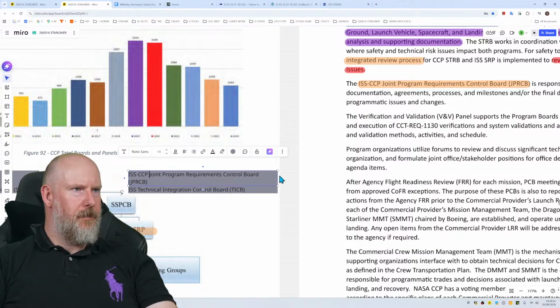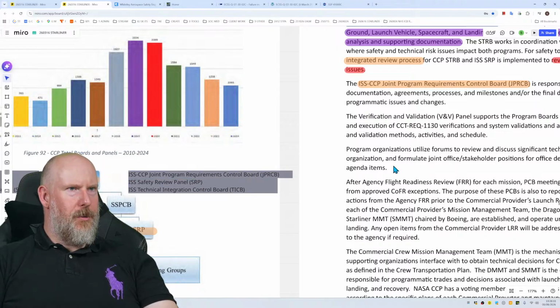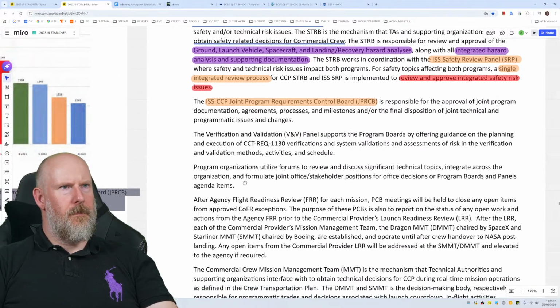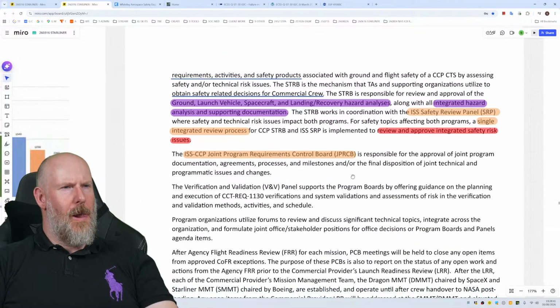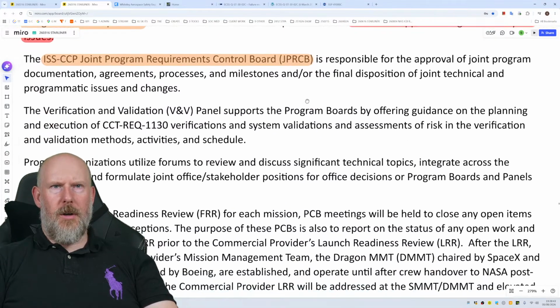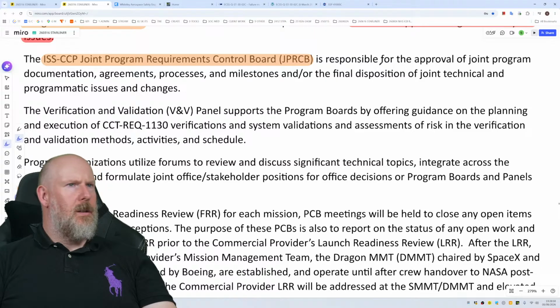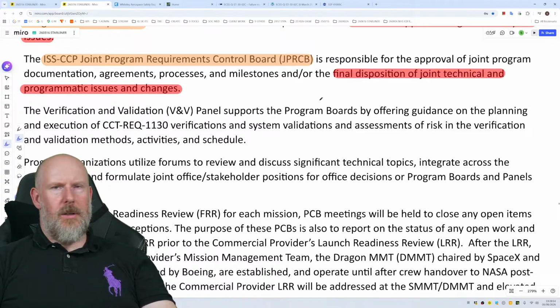Bit of a mouthful. Is responsible for the approval of joint program documentation, agreements, processes and milestones, and for the final disposition of joint technical and programmatic issues and changes. So again, that board is a controller that we'd need to look at and understand.